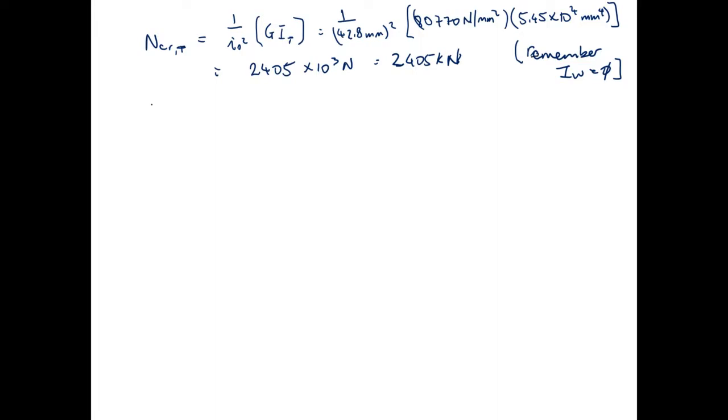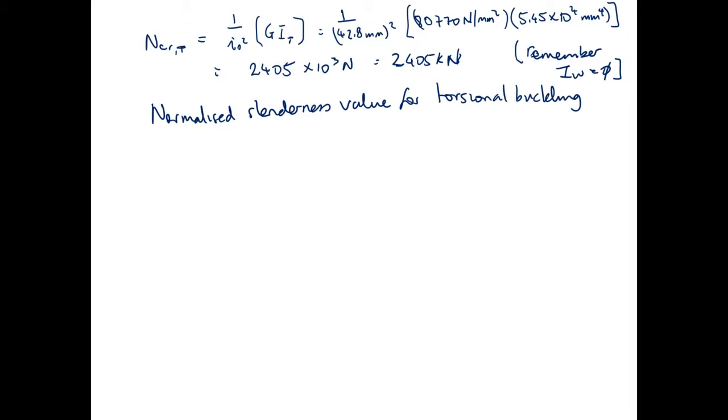For torsional buckling, the slenderness is equal to the cross-sectional resistance divided by the critical resistance.